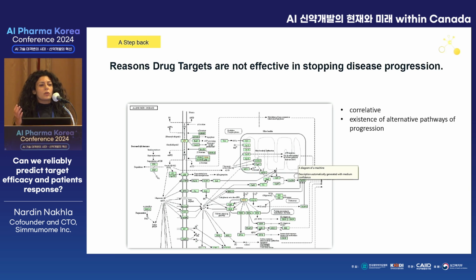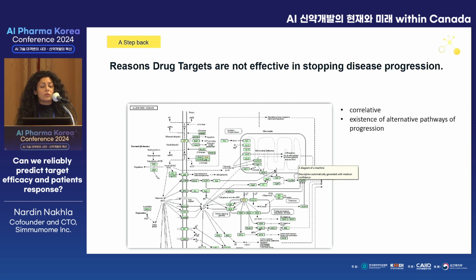We design a drug for it, take it to clinical trials, but it still fails. That's because the target is correlated with disease progression but not actually causing it, so even after the drug binds to the target, the disease continues to progress.